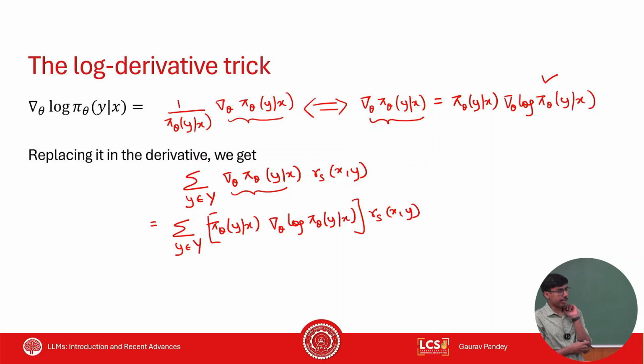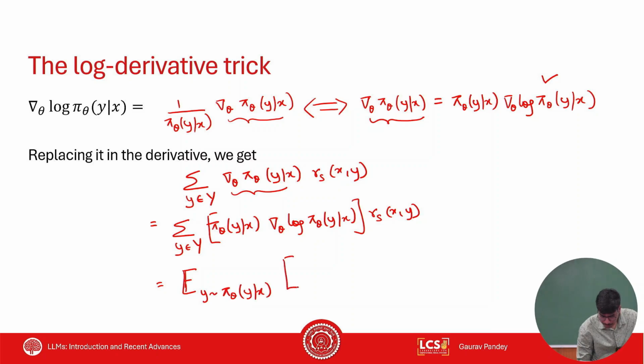And now does it start looking like an expectation? Can anybody see if it is an expectation, and if it is, how do I write it as an expectation? What is the distribution for the expectation, and what is the function whose expectation I'm computing? Yes, policy is the distribution, and the function whose expectation I'm computing is gradient times reward.